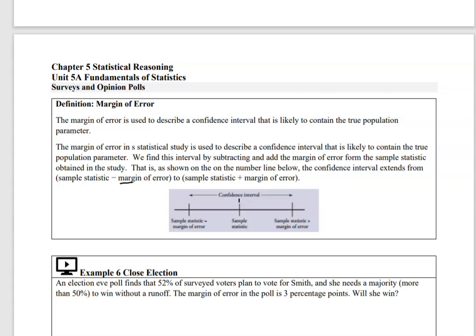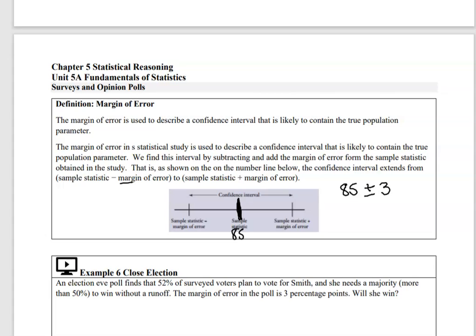So if this is our mean right here in the middle, let's say that this class scored an average of 85% on the first test. And I said that our margin of error is 85 plus or minus 3%.